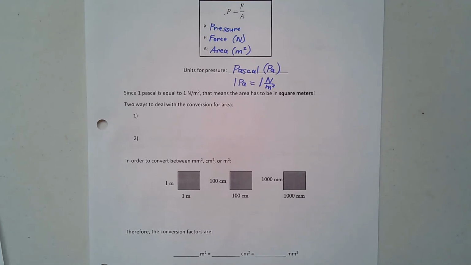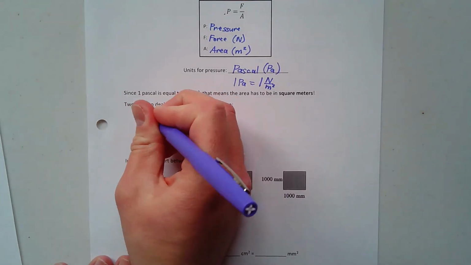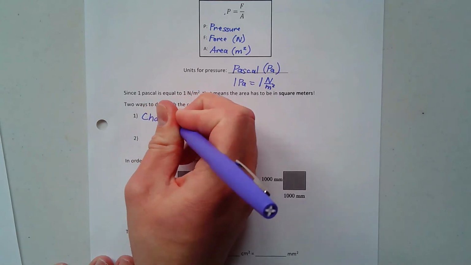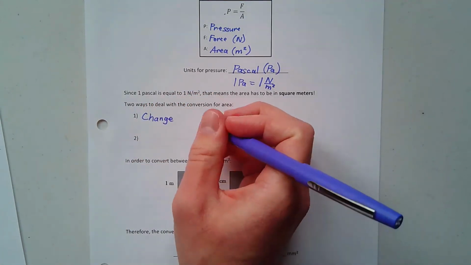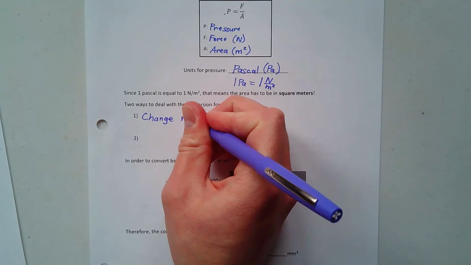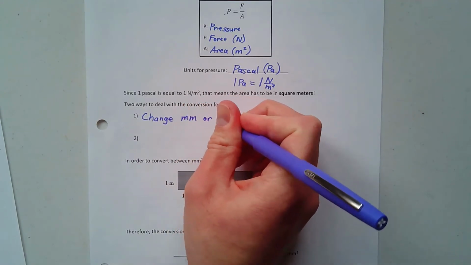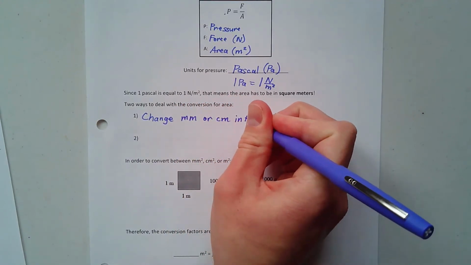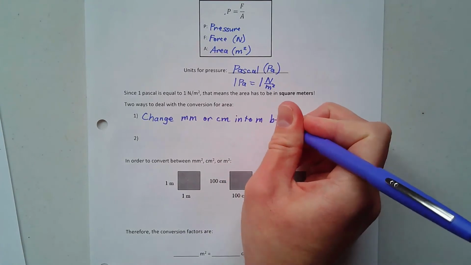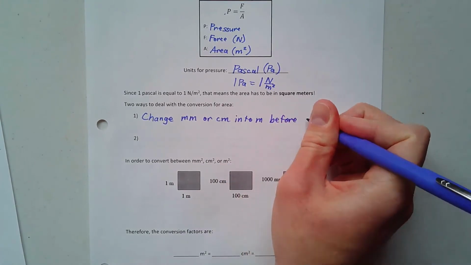So there's 2 ways that you can think about this, and it depends on how the situation is given to you. The easiest one, which is probably the most intuitive thing to do, would be if they give you the dimensions of the area, you would change from millimeters or centimeters into meters before you even calculate the area.